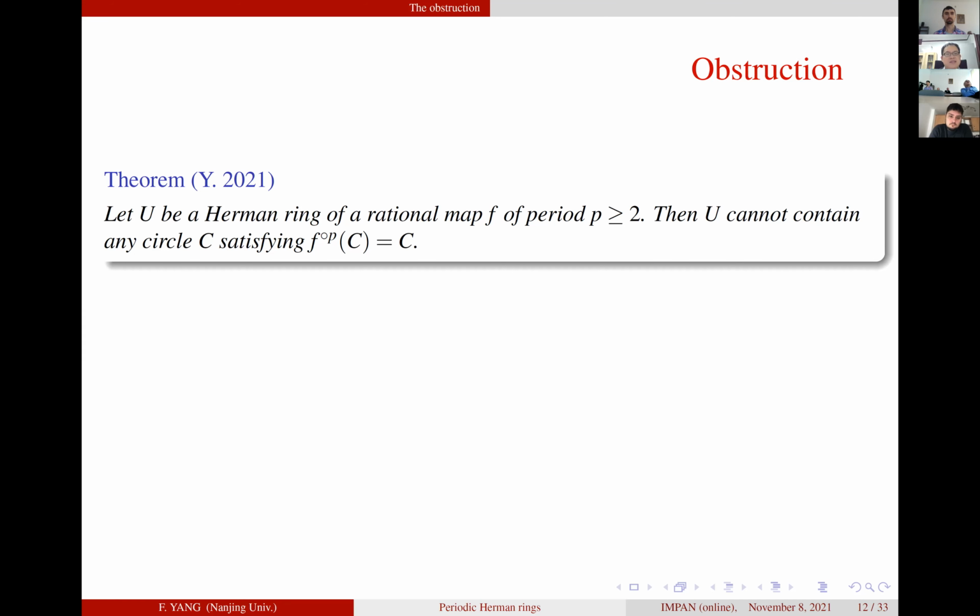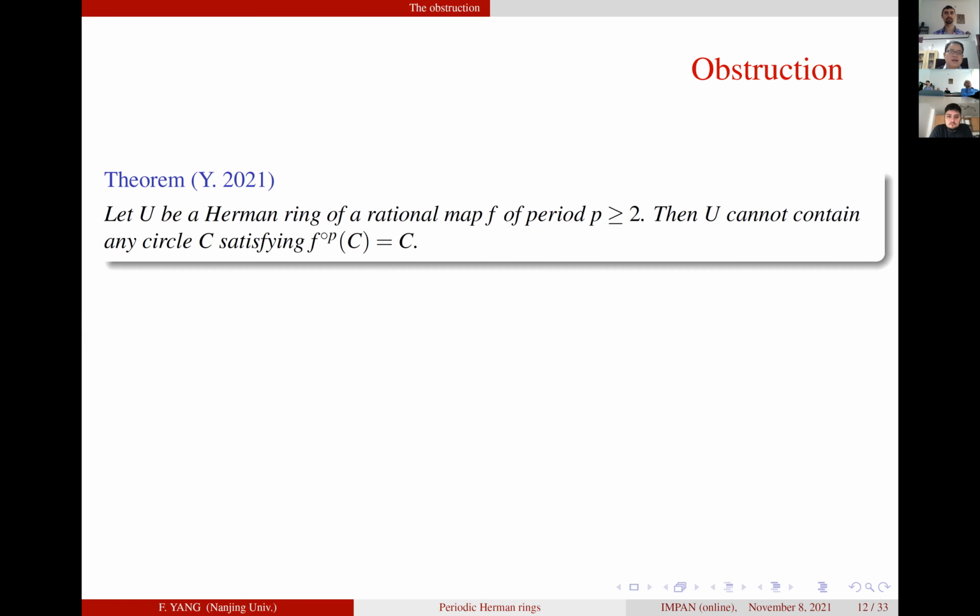Sorry? Jordan curve, of course. So what do you mean by circle here? Circle means round circle, geometric circle, not the topological circle.